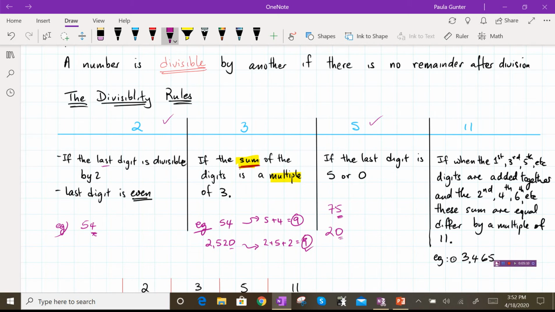Now these two examples are summing to 9, but it doesn't have to end up being 9. It could be some other number. So just to be different, let's look at 156. If I sum these, we have 1 plus 5 plus 6. This is 12. Hence, 156 is divisible by 3, and it doesn't leave a remainder.